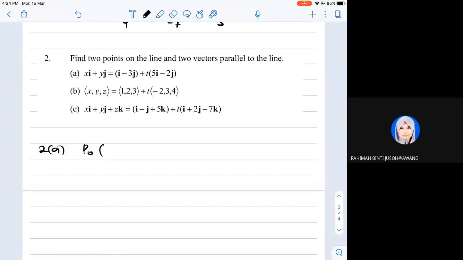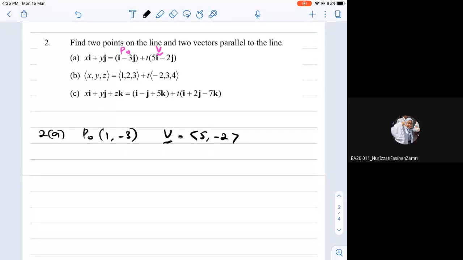Betul lah, ini P naught. Ini V kan? So P naught should be 1 and negative 3. Yes, very good. And then the parallel vector should be 5 and negative 2. So we have x equals 1 plus 5t, y equals negative 3 minus 2t.